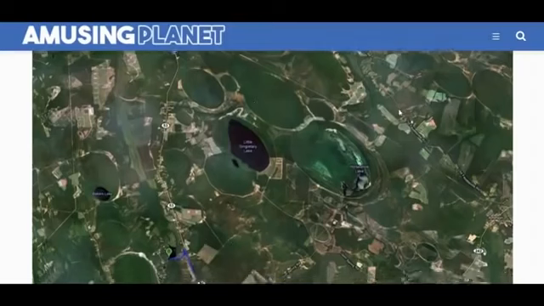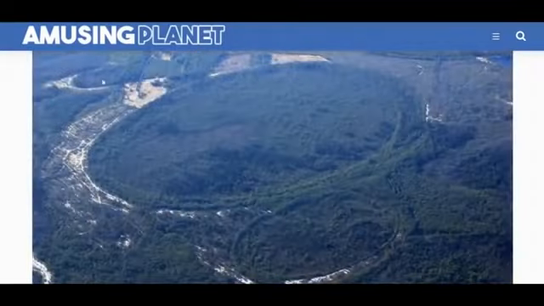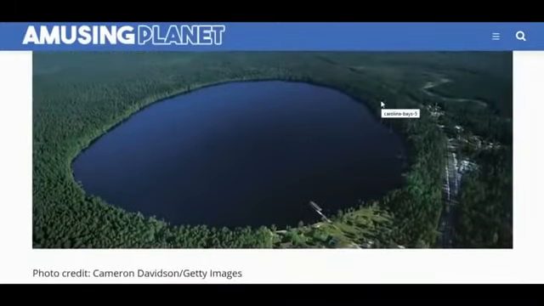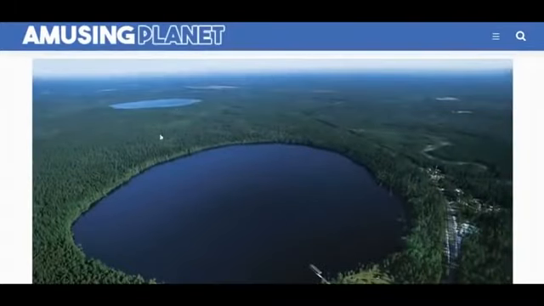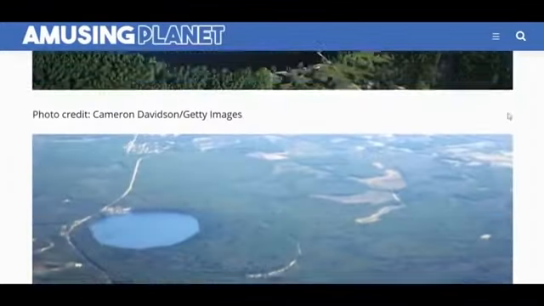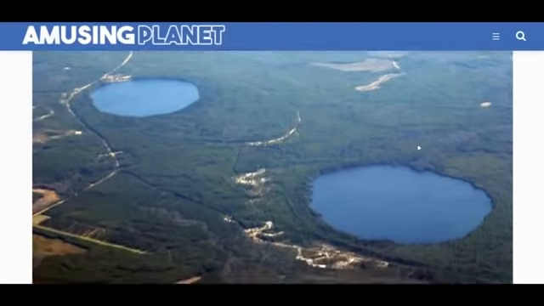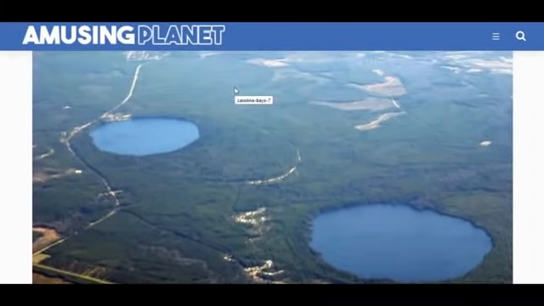But yeah, some of them are still around. And here we go. And again, they share an alignment. And here are some more, and some of the bigger ones are considered lakes. Here's a nice photo of one, with a body of water inside of it.